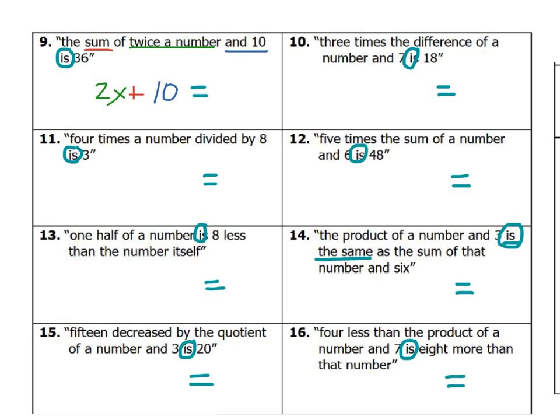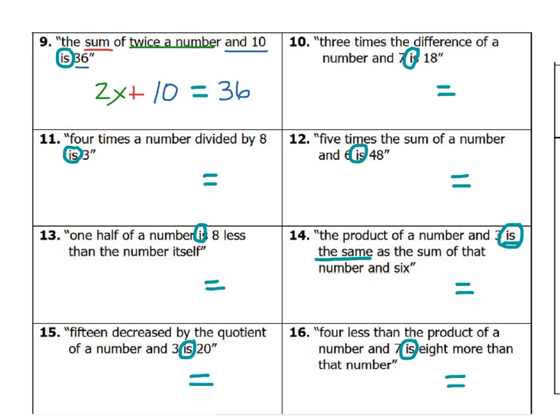So all of that became, or all of that, I read it all before the word is, so it all is on the same side of the equal sign. And then I see is 36, so that 36 is over here by itself. All right, and that's my answer. We're not solving anything today. All we're doing is translating it, okay? Taking it from a bunch of words and turning it into a mathematical equation with variables and numbers that we can work with.